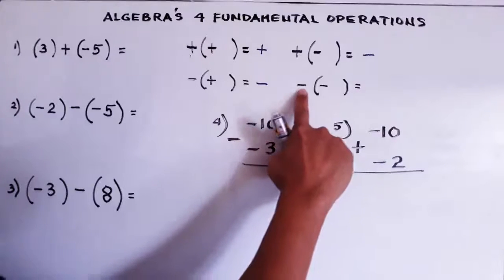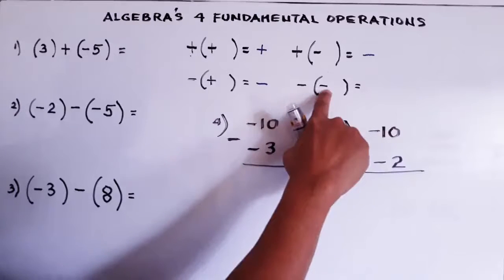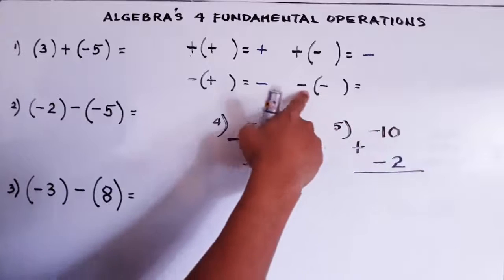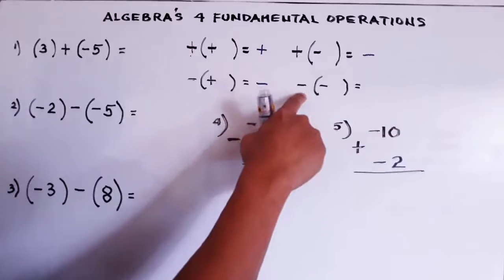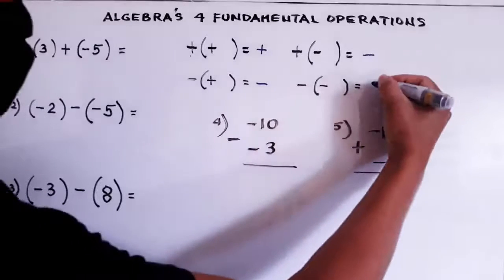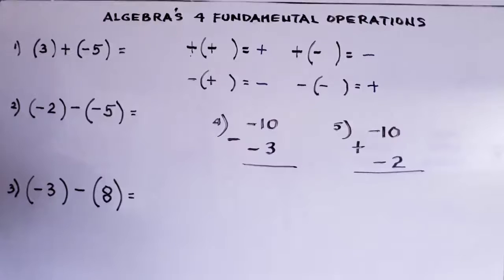What to expect of this one? It will change from negative to positive, because the sign that precedes this one is negative. So this one will change when we combine them. They will be positive.